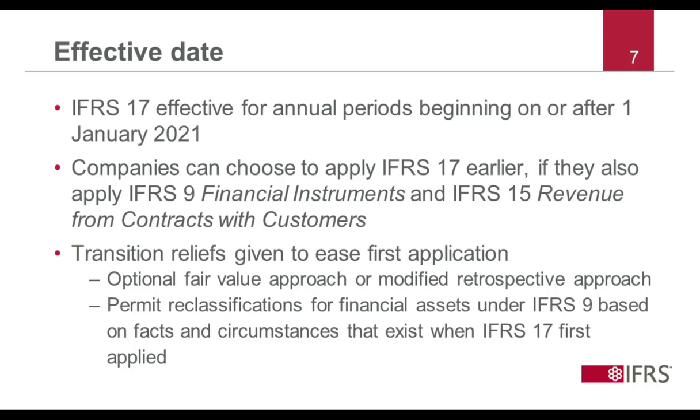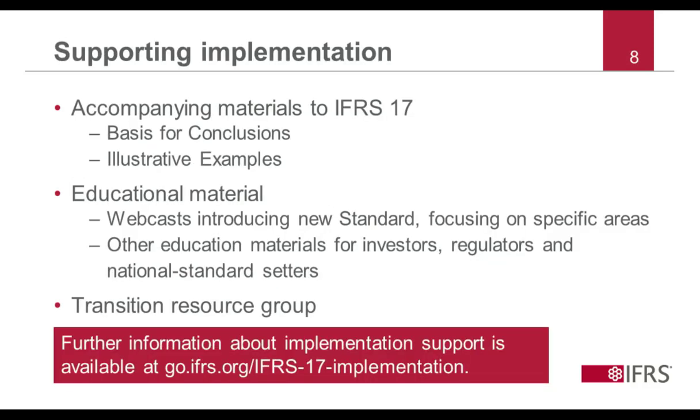IFRS 17 also considers the fact that some insurance companies may have adopted IFRS 9 before they adopted IFRS 17, and consequently allows those companies to reconsider the decisions and classifications they made under IFRS 9 based on the facts and circumstances, as required by IFRS 9, that exist when IFRS 17 is applied for the first time. And with that, I'll hand back to Andrea.